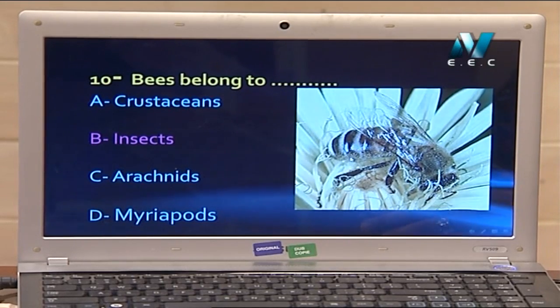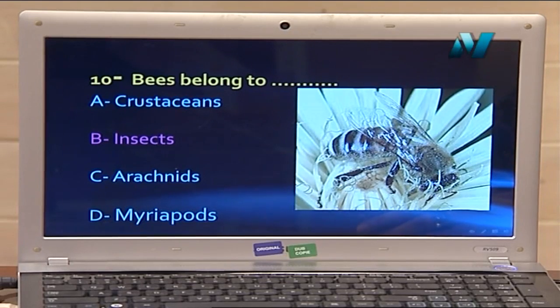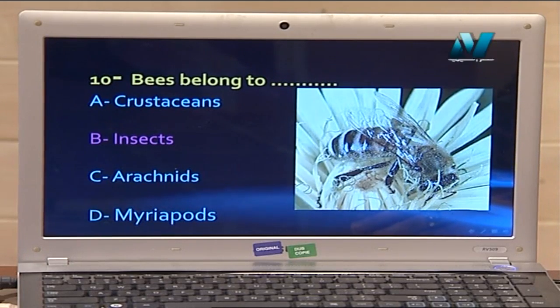Insecta's body consists of three main parts: head, thorax, and abdomen. When you look at the abdomen, you will see it is segmented. Segmented, kids, means rings, a group of rings. So here the body is divided into three main parts: head, thorax, and abdomen.